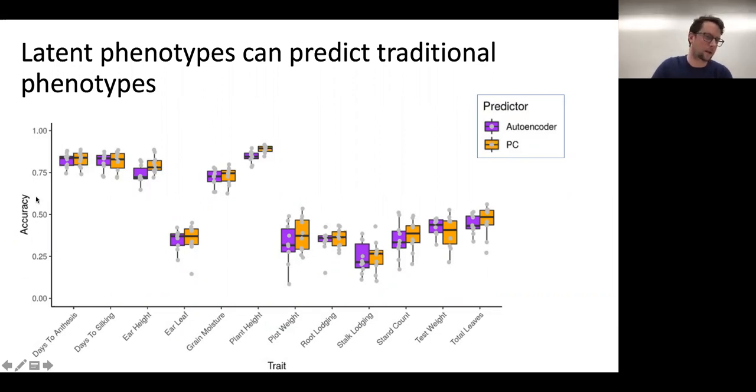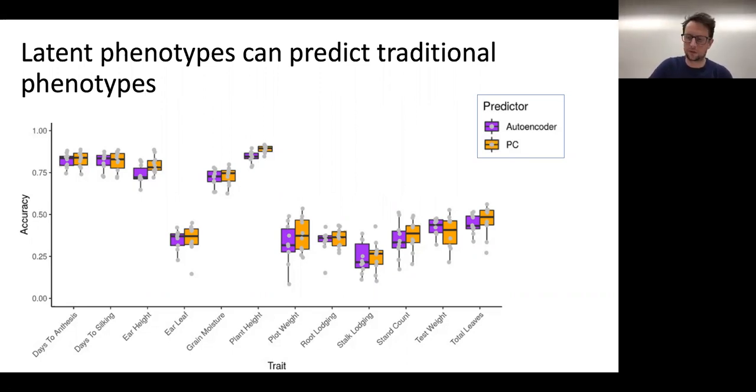In this plot, the accuracy on the y-axis is just measured as the correlation between the predicted and the measured phenotypic values. So that's fantastic. That's also really good news.